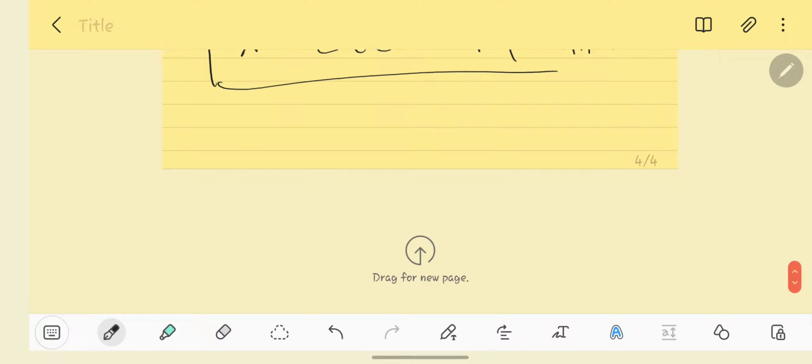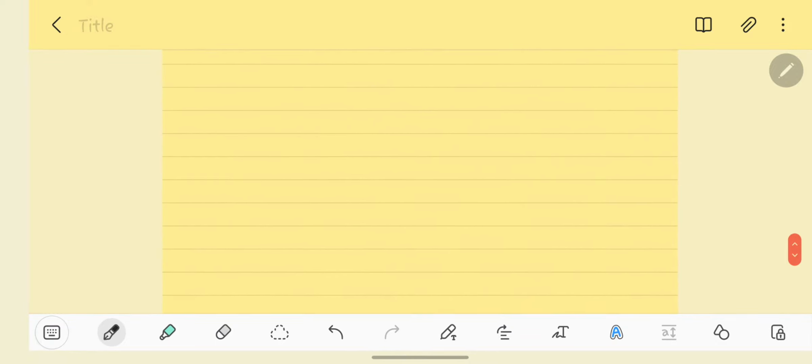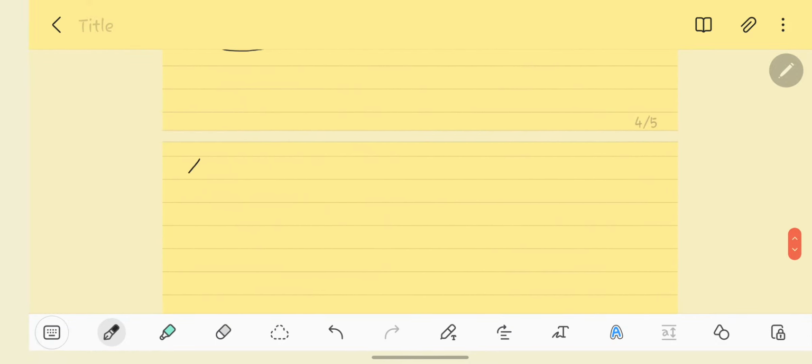So next example is e to the t x prime plus e to the t is equal to 1.